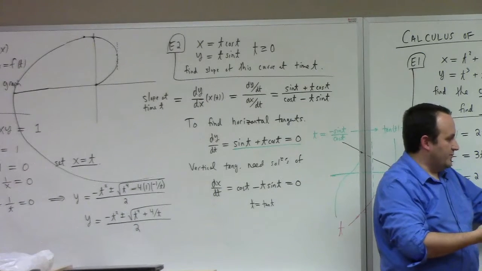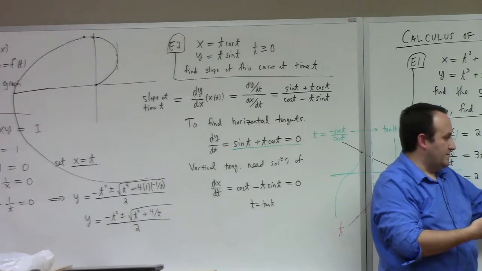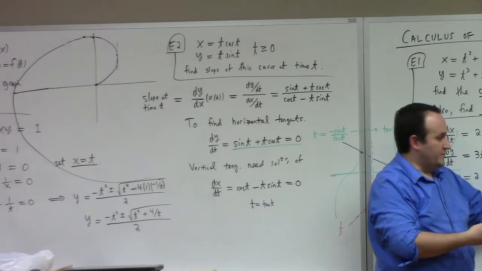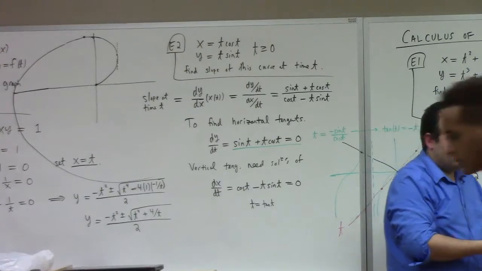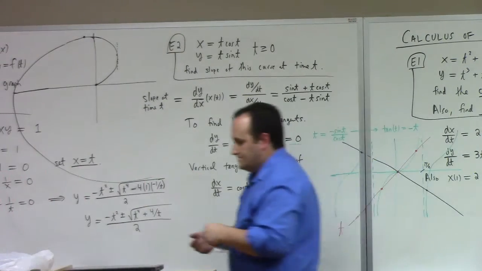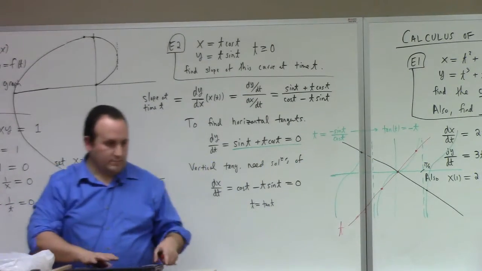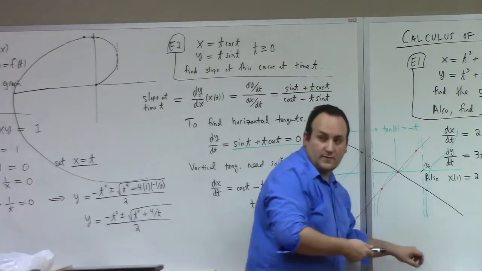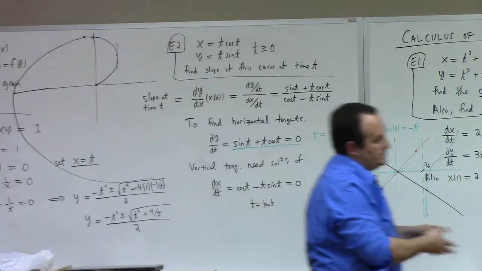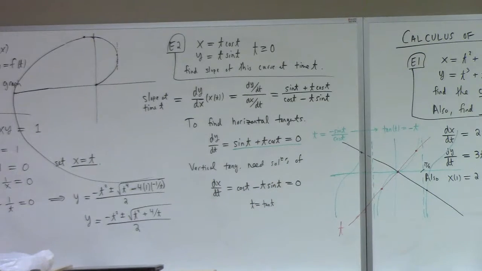Or construct the appropriate Cartesian tangent line. Parameterized tangent line, Cartesian tangent line. These are choices that we have. So there's that.